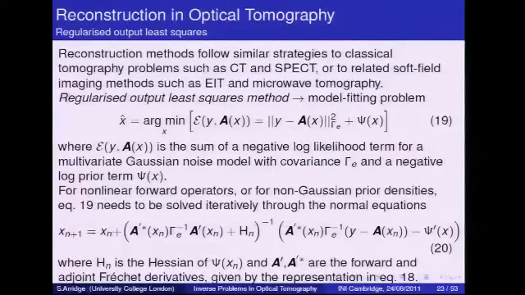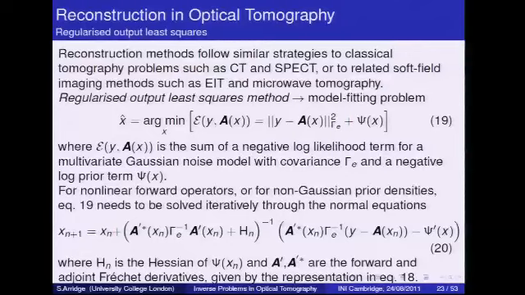And because this is nonlinear, we need to solve it with some nonlinear method, and it's just classical optimization. A typical way to do that would be Gauss-Newton. You end up with something that looks like this, where we're iteratively updating the image. This is the residual, the difference between the data and the model at the current step.